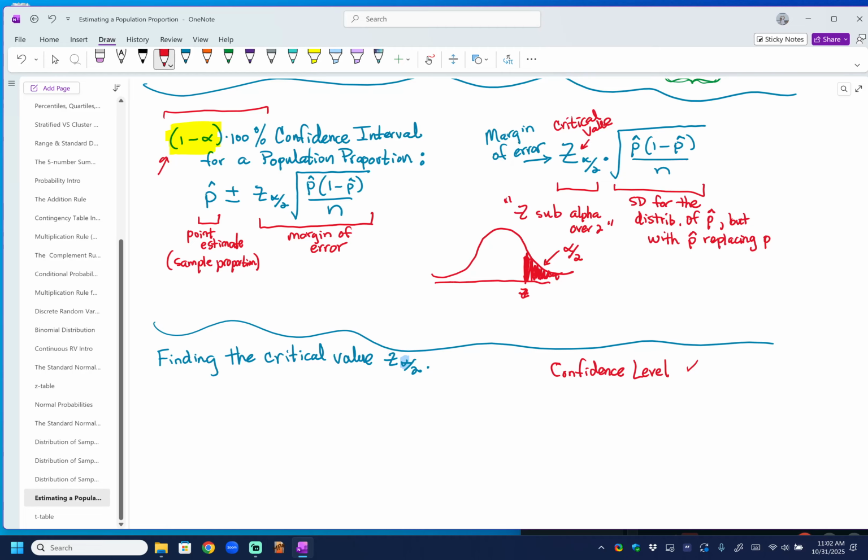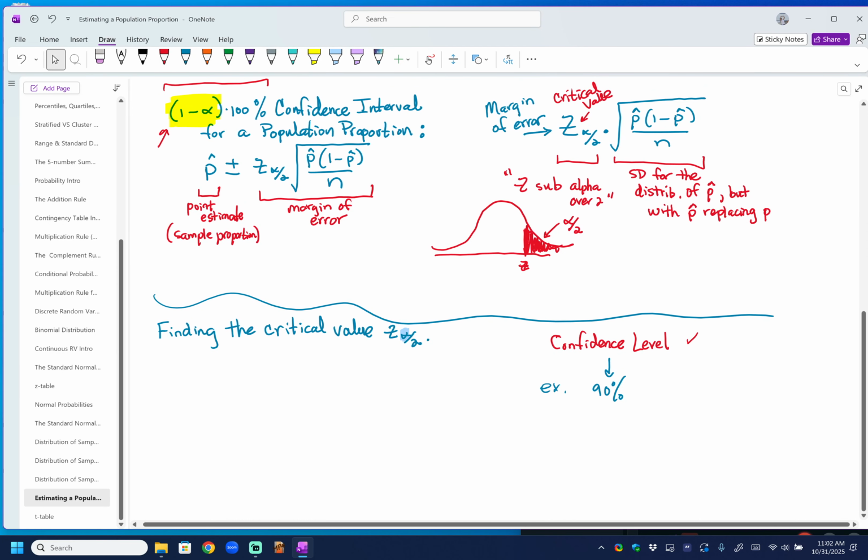So just as an example, let's just say that our confidence level is 90%. Okay, so if we were to work backwards and drop the percent and divide by 100, so work backwards to the decimal equivalent of 90%, what are we going to get? We're going to get 0.90.